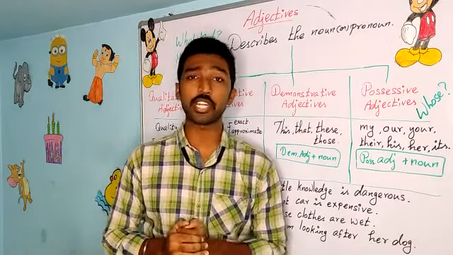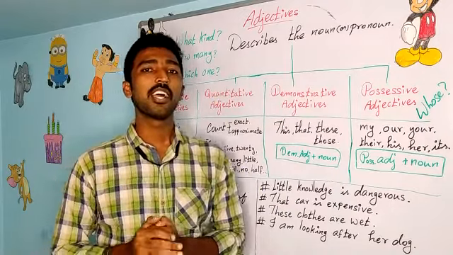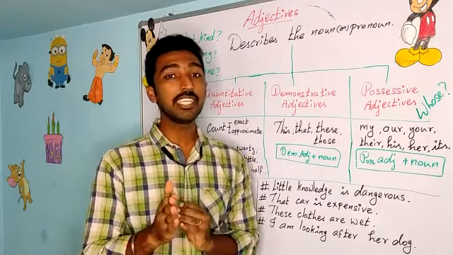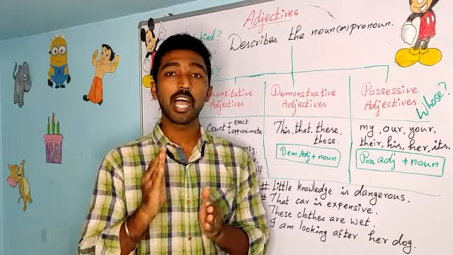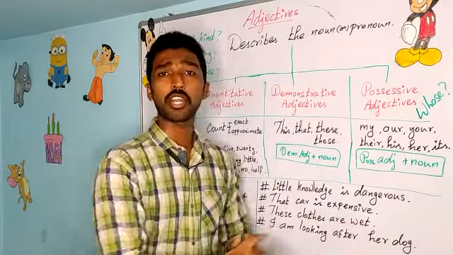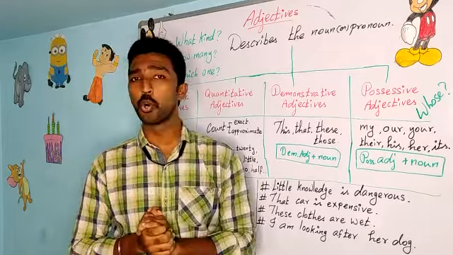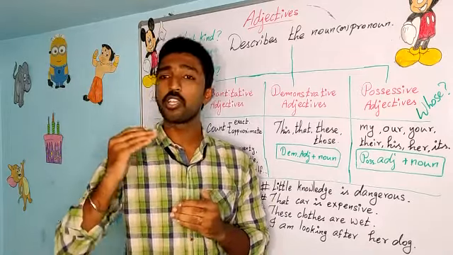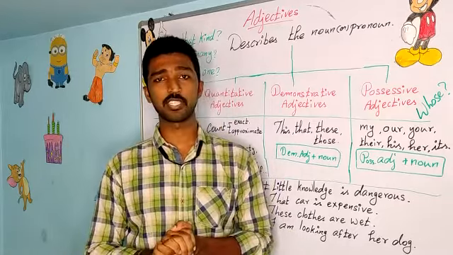That fan is rotating well. That computer works well. And these for plural objects. Plural objects, and the objects are near to us. These notebooks are corrected. And the final thing is those. Those for the objects. Objects are plural and far from us.